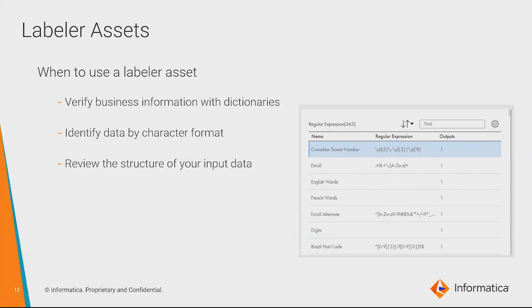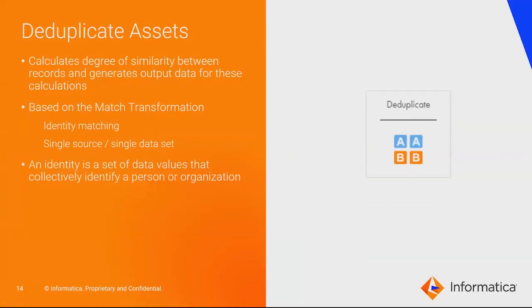Moving to the next assets, deduplicate assets. Like the name is mentioning here, you can calculate the degree of similarity between records, and you can generate the output based on this calculation, or you can also get the match accuracy as well.